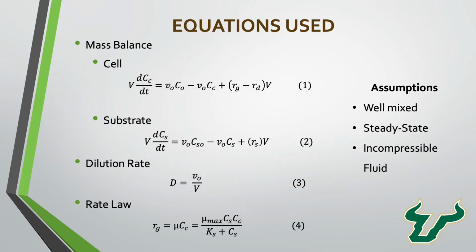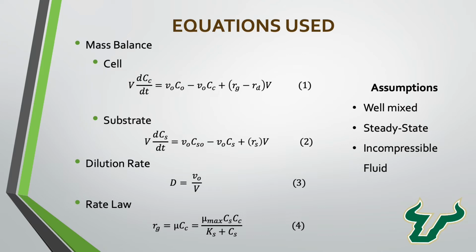These are the equations we use for our system. We have the mass balance for the cell and the substrate, where Cc is the concentration of the cell, Cs is the substrate concentration, Rg is the growth rate, and Rd is the death rate, which is negligible since the growth rate is much larger than the death rate.